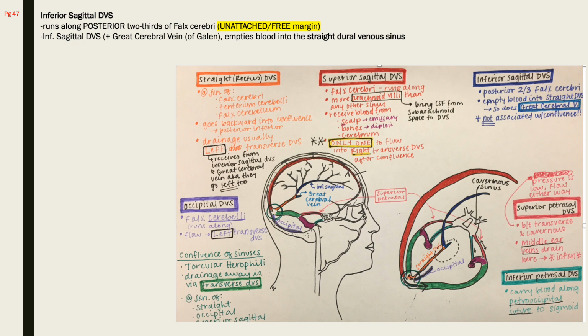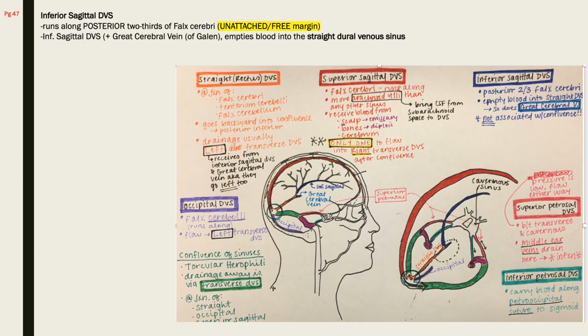The next bullet says that the straight or rectus dural venous sinus runs in a posterior inferior direction to the confluence of sinuses. The confluence is what I circled in green there. Looking at the diagram, it looks slanted so that it would run in a posterior inferior direction. That makes sense.